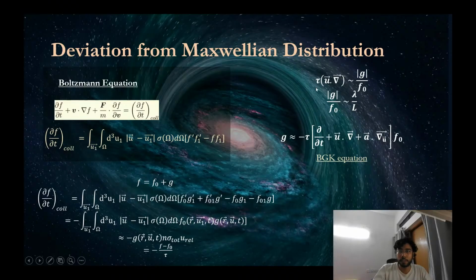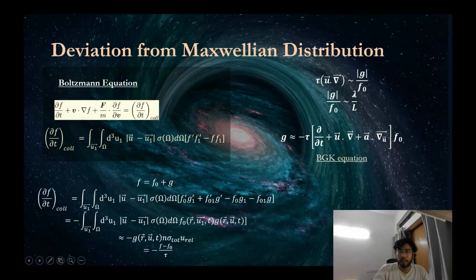If you can see from this relation, let's say lambda, the mean free path, is very much less than the length of the system, L, then this ratio will be very small. In that case, g will be much smaller than f, so this deviation from the Maxwell distribution will not be significant.